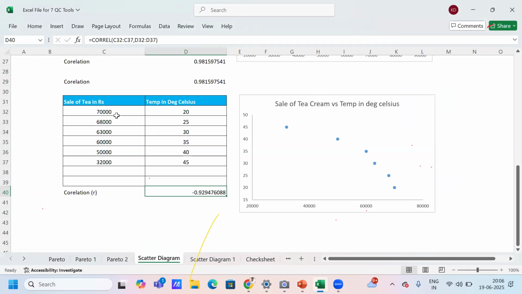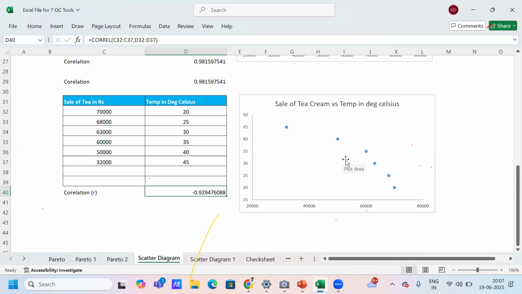Suppose you plot your data, and if the R value is like 0.3 plus, or here it is minus 0.98, it means a highly negative correlation. Depending on your R value, you can treat it. So you can just put your data in these columns, plot the scatter plot, and depending on the value, you can declare whether it is positive or negative, strong, medium, or low.